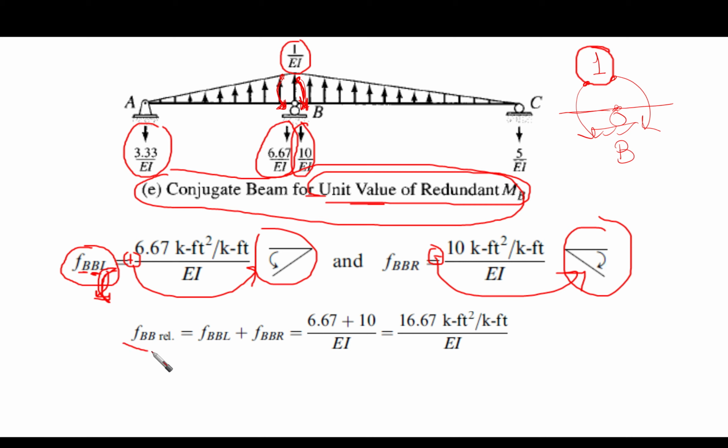Then FBB relative is going to be FBBL, this one, plus this one. This is the total summation, and we are going to end up with 16.67. Now we have the two main rotations of the compatibility equation.